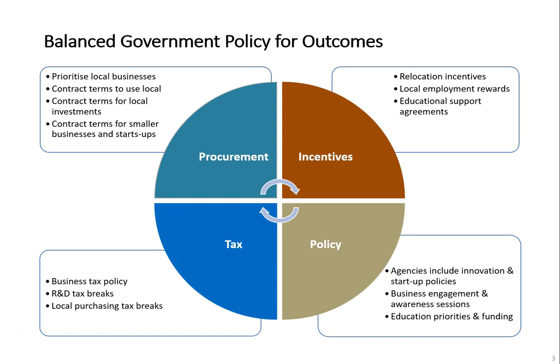In a balanced approach, governments can influence through prioritization to local business and smaller businesses, and have larger players use and support smaller businesses in work and approaches.